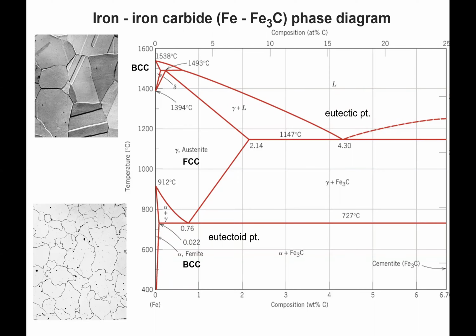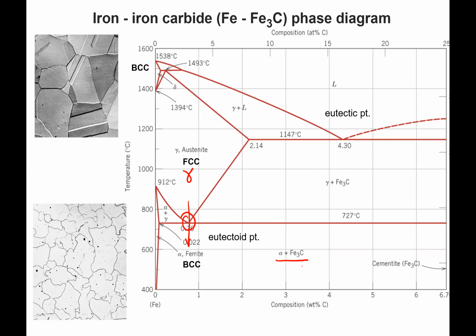All right, so just to remind you again, when you're talking about a eutectic, you're talking about a liquid going to two different solids through this point. Okay, the difference now is we're going to have a solid, gamma, moving through this point, and it's going to form two different solids.